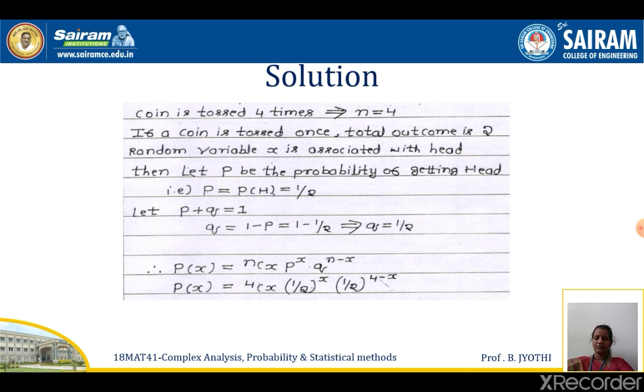Therefore, P(x) = nCx p^x q^(n-x). That gives P(x) = 4Cx (1/2)^x (1/2)^(4-x), as p and q are 1/2 and n is equal to 4.